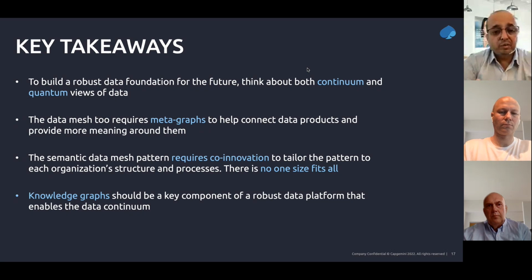It's not a technology problem, neither is it solely an organization problem, but it's a multifaceted problem that involves organizational thinking, information architecture thinking, and IT technology thinking. So the problem needs to be solved at multiple layers. And last but not least, knowledge graphs should really be considered as a key component of a robust data platform, something that will enable this data continuum layer.